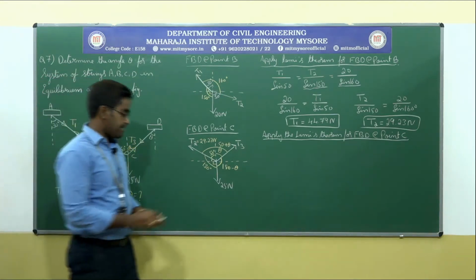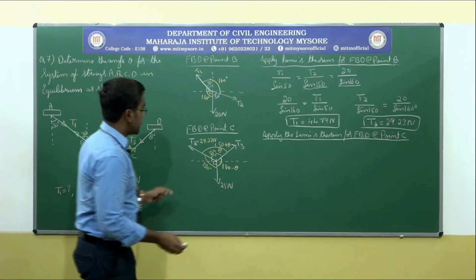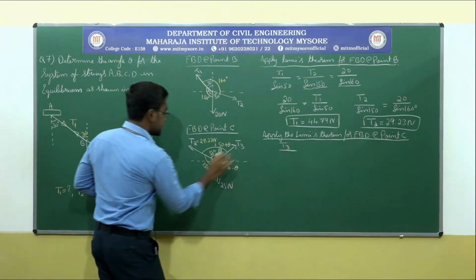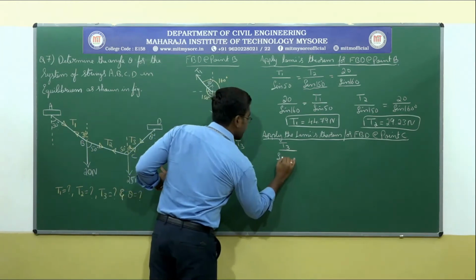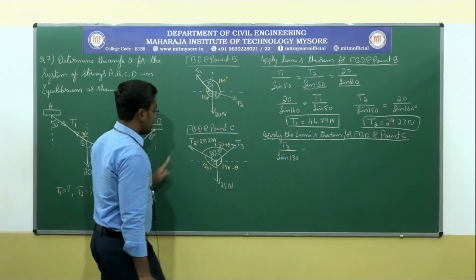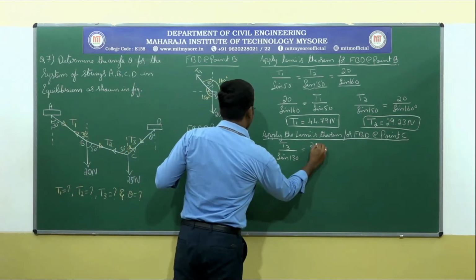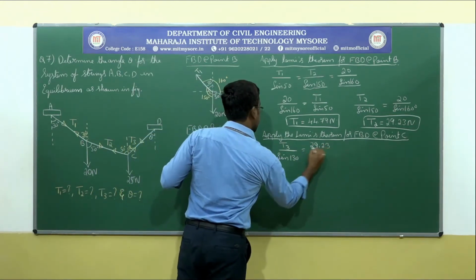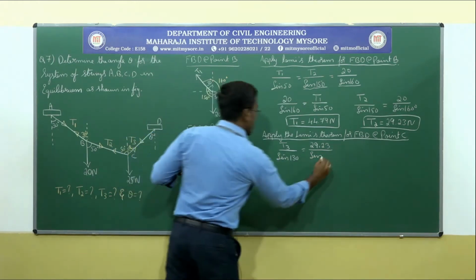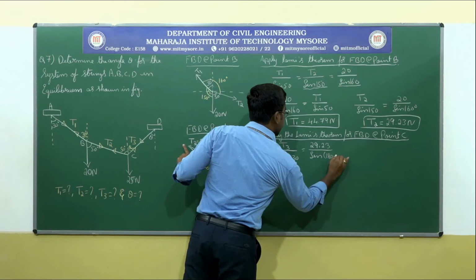Now let us apply Lami's theorem. So that is T3 proportional to sine 130 is equal to T2, that is 29.23, proportional to sine of 180 minus theta.